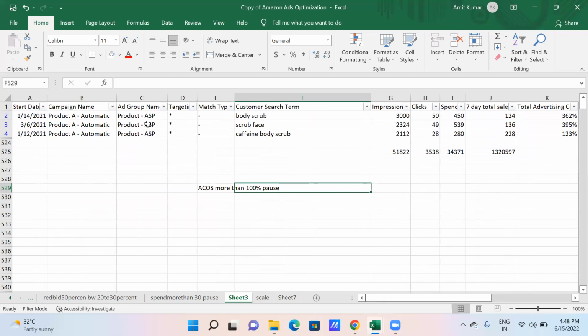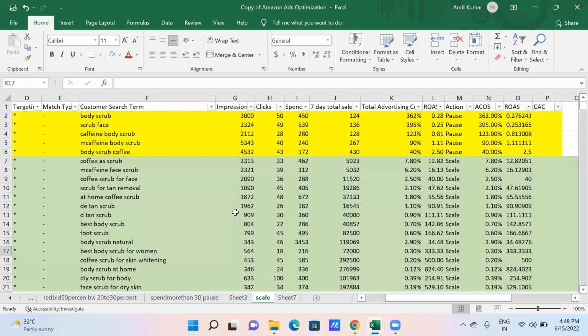Second, once we have stopped these three, we have to check all the remaining ones. If you see these green ones which I've highlighted, their ROAS, their ACOS, everything is favorable. So we can scale these campaigns, because if you see 7, 6, 2, all of these are way lower than 100.